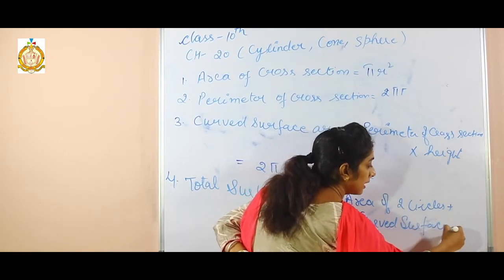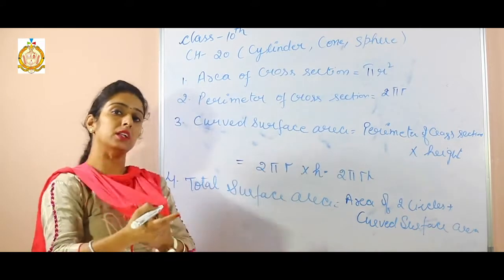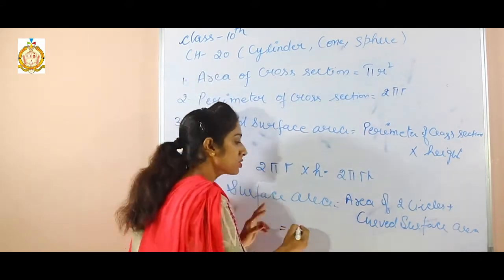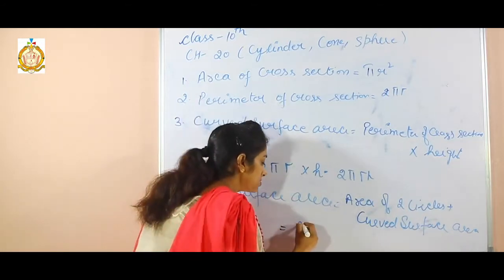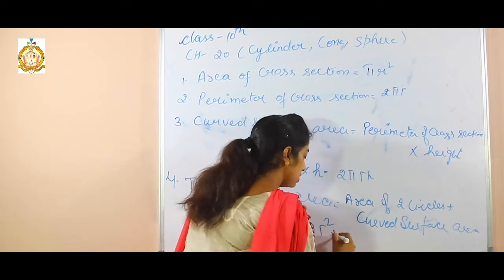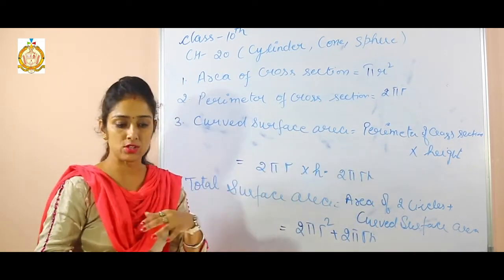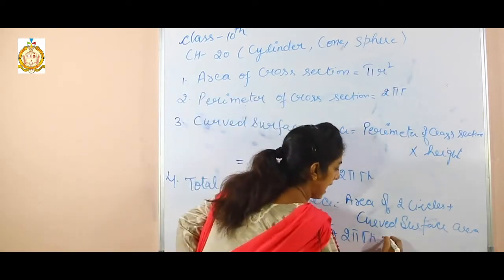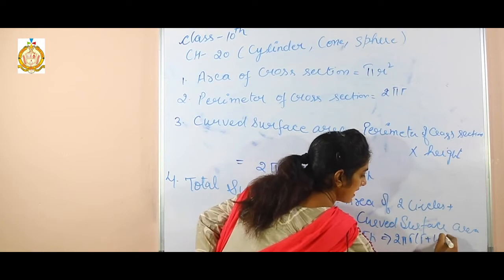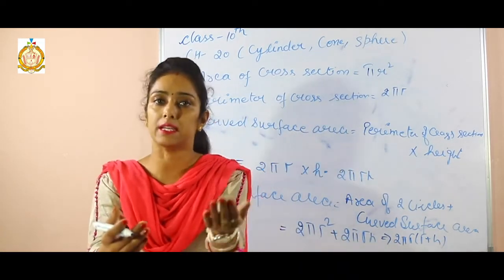Now, what is the area of a circle? That is pi r square, right? So, there are two circles, so that is 2 pi r square plus 2 pi r h, right? Or you can say 2 pi r (r plus h) is the total surface area of a cylinder.